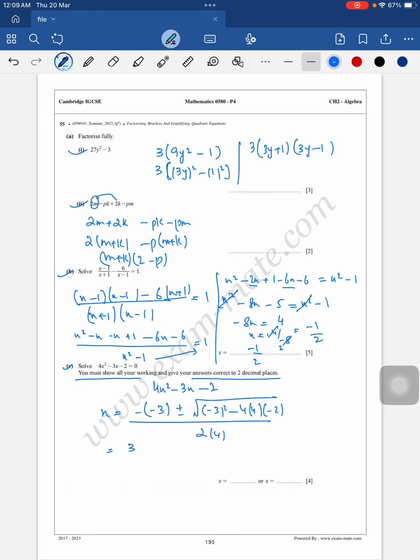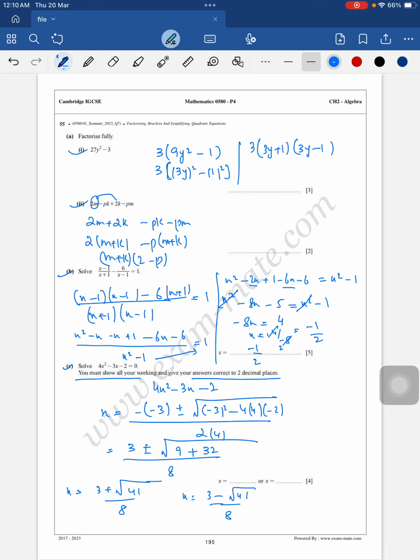So this is 3 plus minus root of 9, minus minus plus 4 into 4 into 2, that is 32, upon 2 into 4 is 8. So again we have two answers for a quadratic equation. 3 plus root 9 plus 32, that is 41, upon 8, and the other one is x equal to 3 minus root 41 upon 8.